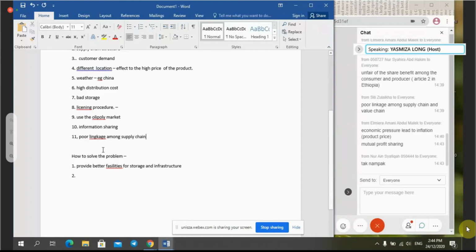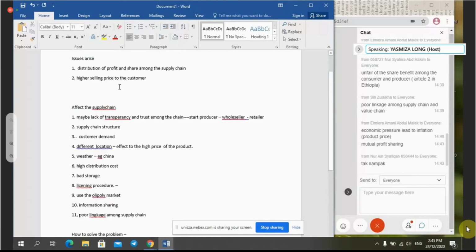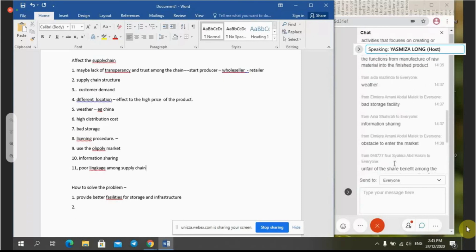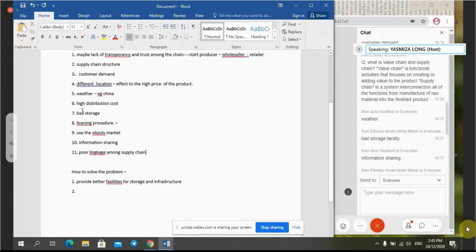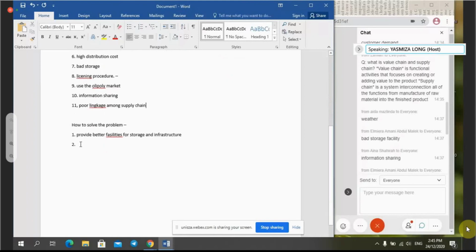Sebab tiga-tiga artikel awak ni semua problem, isu semua kan. Lagi apa lagi? Okay, ni unfair sharing of profit among the consumer and producer ni lah. Unfair sharing ni, that means this one lah. Okay, distribution of profit. Lagi apa lagi? So, from the issue and the effect ni, how we want to solve the problem rasanya.